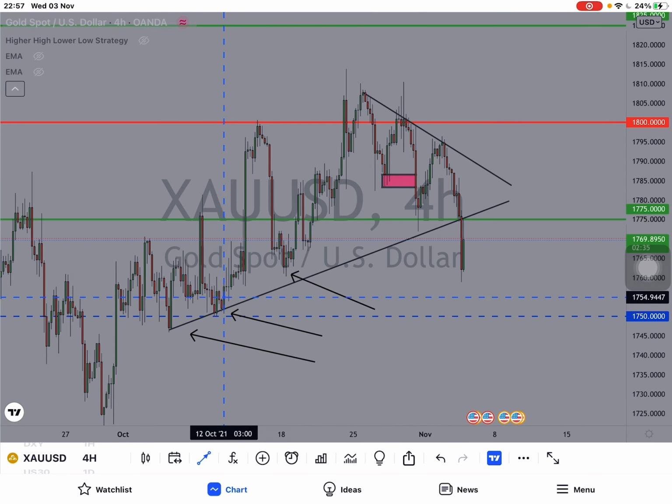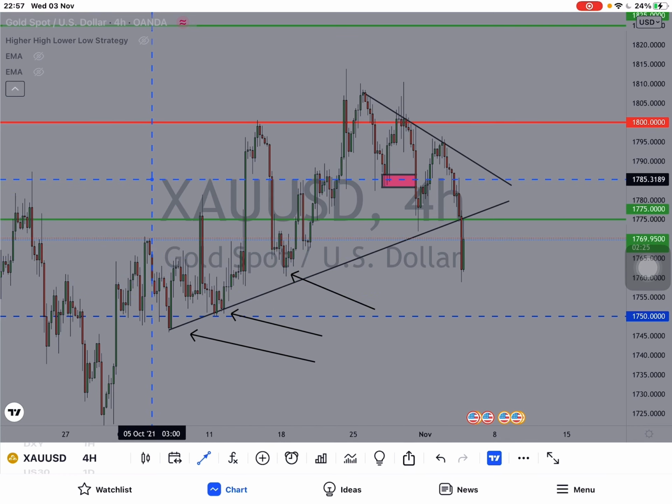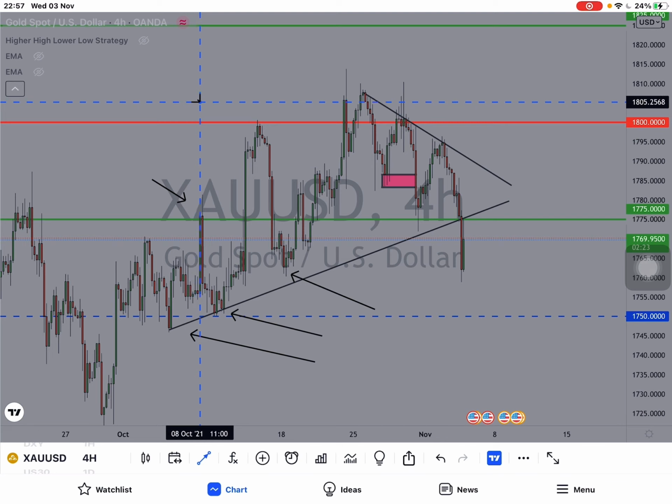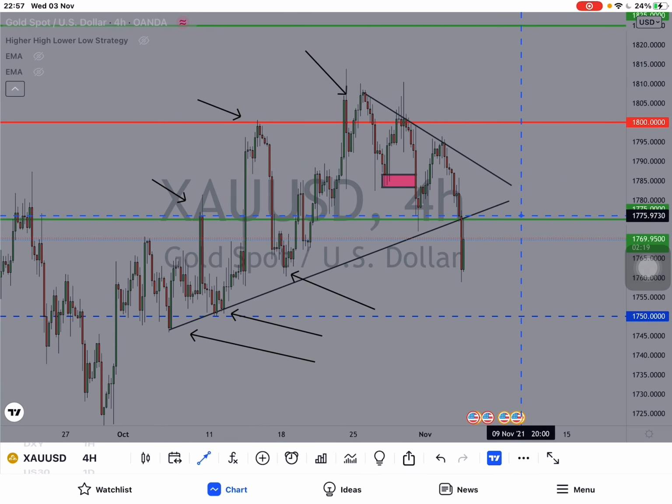And while we're doing that, all these arrows are actually pointing to higher lows, not a lower high. Sorry for that. Higher lows. These would be your higher highs, meaning that we are in an uptrend, and the market is currently making higher lows.